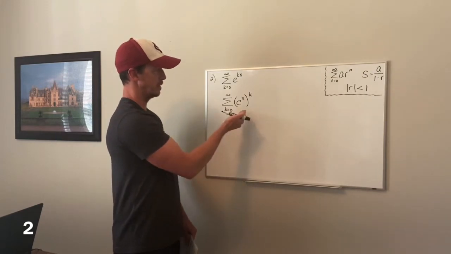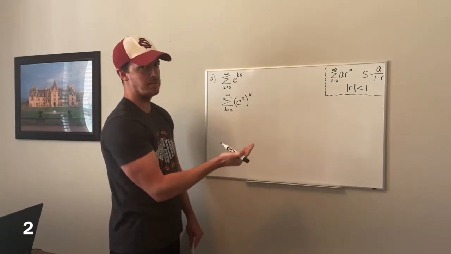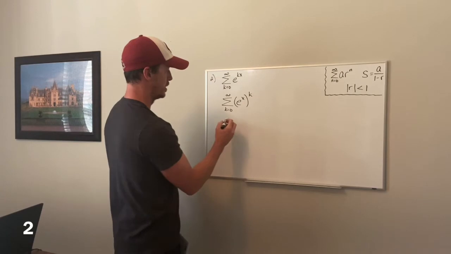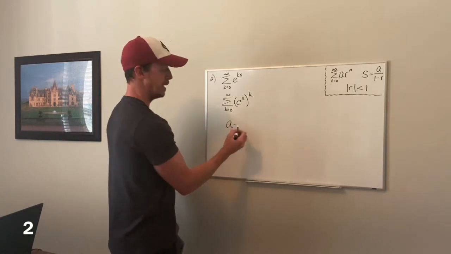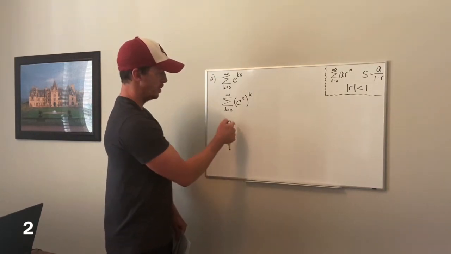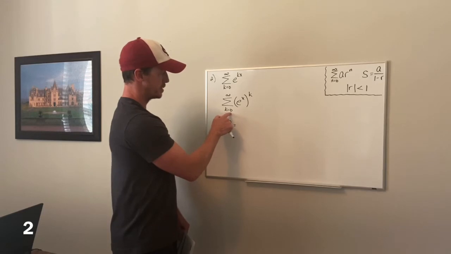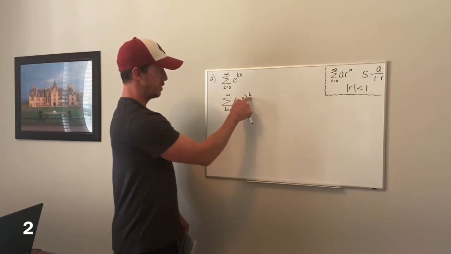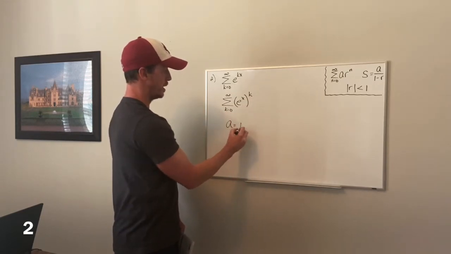If you write it like that, then it becomes more obvious what all of your stuff is. A, remember, is the first term. Since this series starts at k equals 0, if I put a 0 in there, then this just becomes 1, so A is 1.